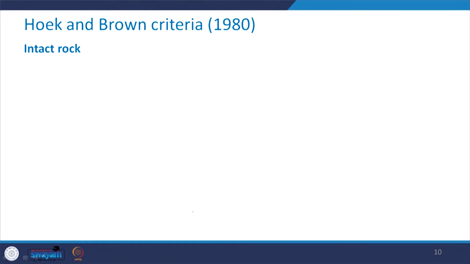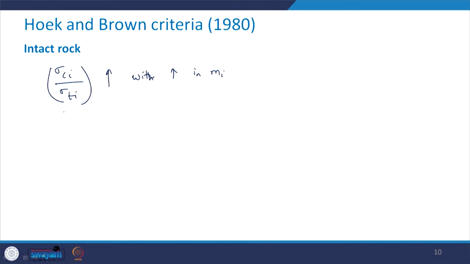Now, this ratio sigma Ci upon sigma Ti increases with increase in Mi.